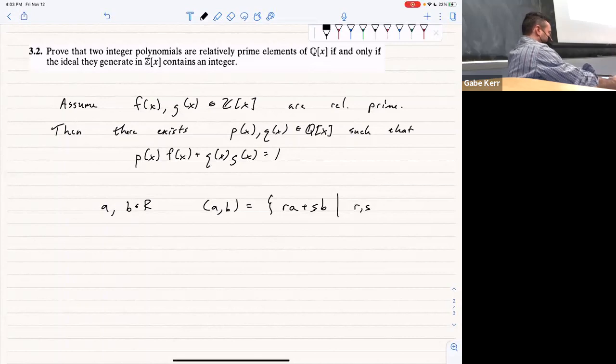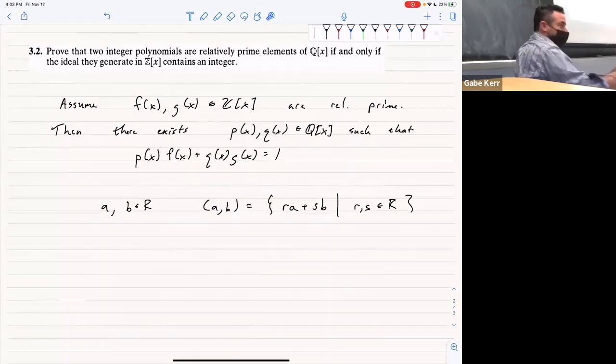Linear is over a vector space; here we're taking coefficients from the ring. Right? This is what it is. Does that look familiar? Say F and G, you're looking at the ideal of things that F and G generate. It's like this, right?